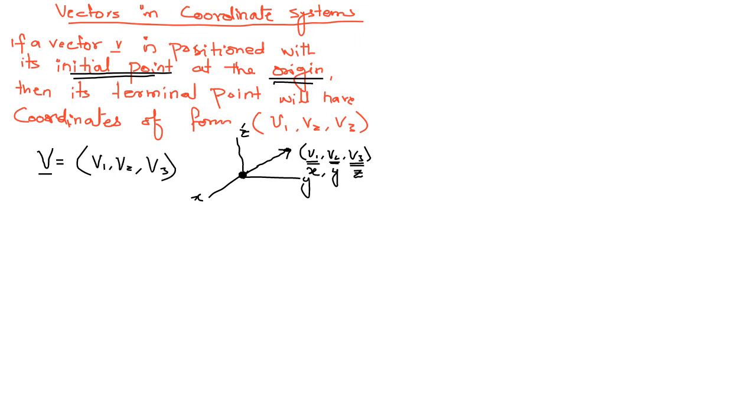So v vectors can be represented in the form of coordinates, which are v1, v2, and v3. Got it? So now if the coordinate system of the vector is this one, how can you add two vectors?